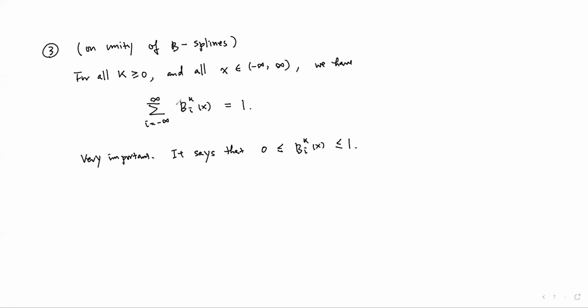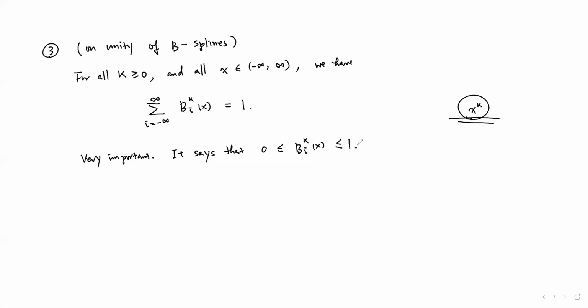So when we construct a basis from B_i,k, the elements of the basis don't blow up to infinity. It doesn't behave like x to the k. This power can be very large or very, very small. As a result, the resulting basis is very ill-conditioned. But now it is guaranteed that if I construct a basis from B_i,k, all elements in the basis don't blow up to infinity. It's bounded by 1.